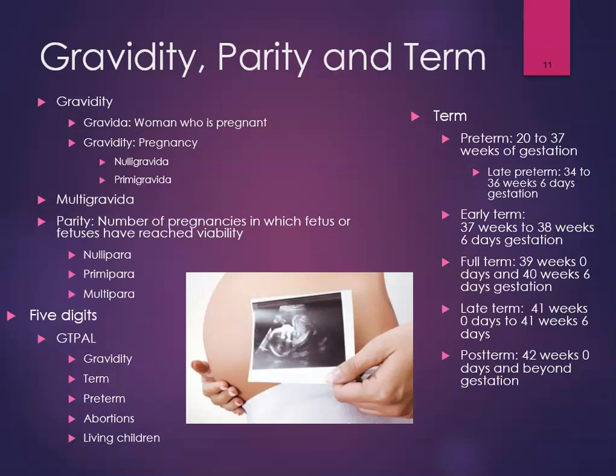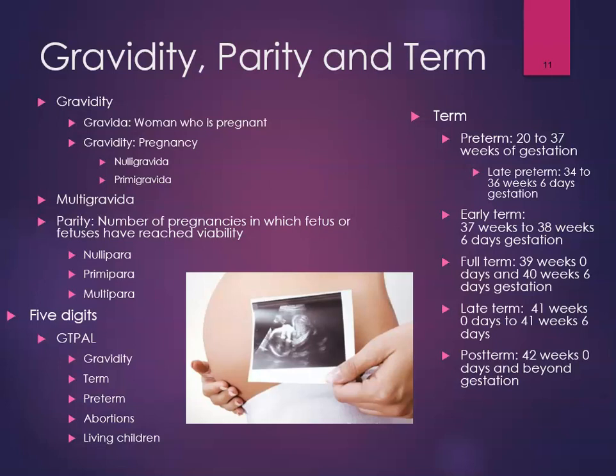Same thing with number of term pregnancies, preterm, and abortions. Those 4 are based on number of pregnancies, not number of babies. Living children is the only one that's based on actual number of children, not number of pregnancies. So you could be a Gravida 1 L2 if you had only one pregnancy, but you had twins from that pregnancy. It is possible to do that.